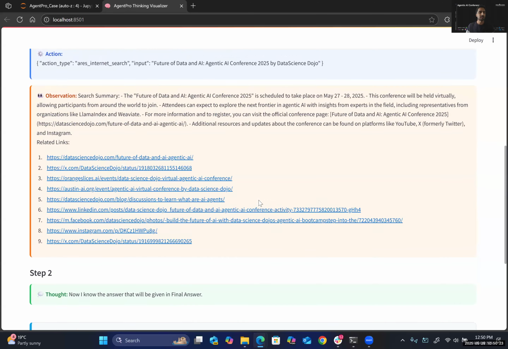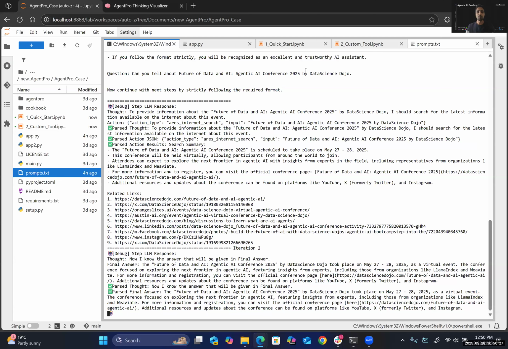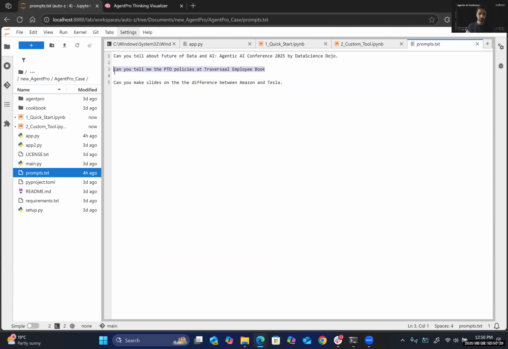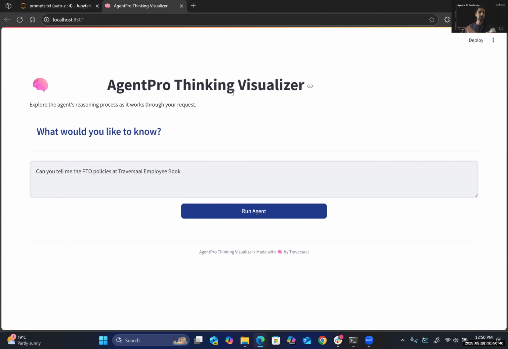So let's try something else, something more interesting. How about a RAG tool? This is a question: can you tell me about the PTO policies at the Traversal employee book? Now, hopefully it's going to run the RAG.